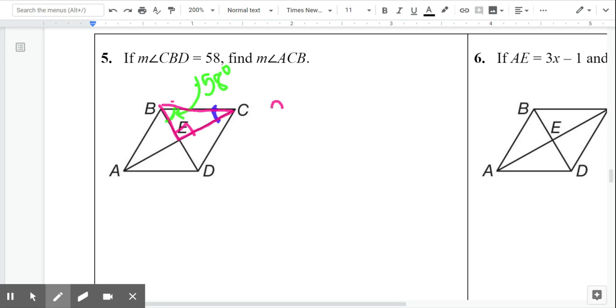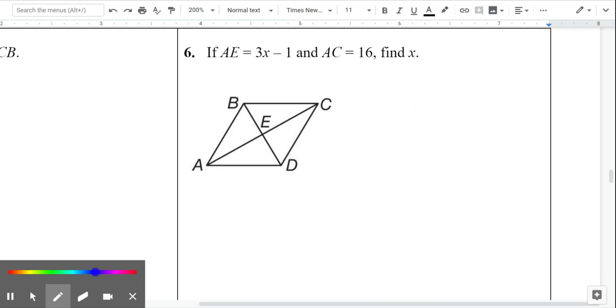So I have 90, I have 58, and then I'm looking for ACB. So I'm just going to call that X. So plus X, and all of those angles have to add up to 180 degrees. Okay, and then you can find your X, and that would be ACB.